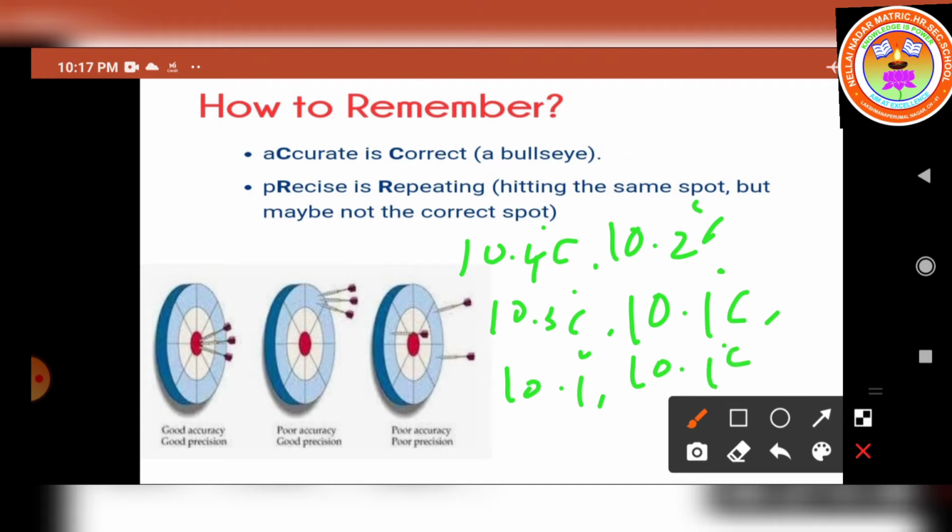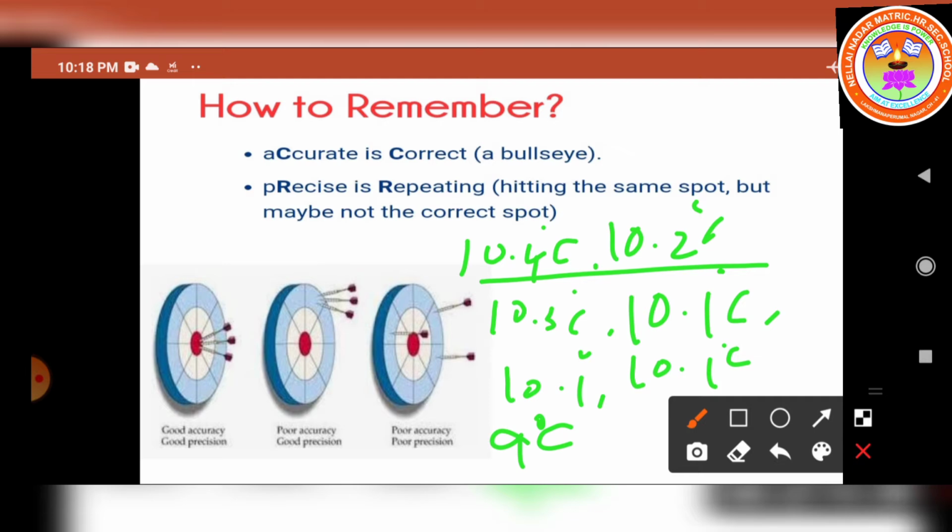However, if the real temperature inside the refrigerator is 9 degrees Celsius, the thermometer shows readings like that: 10.4, 10.2, 10.3, 10.1, 10.1 degrees Celsius, like that.